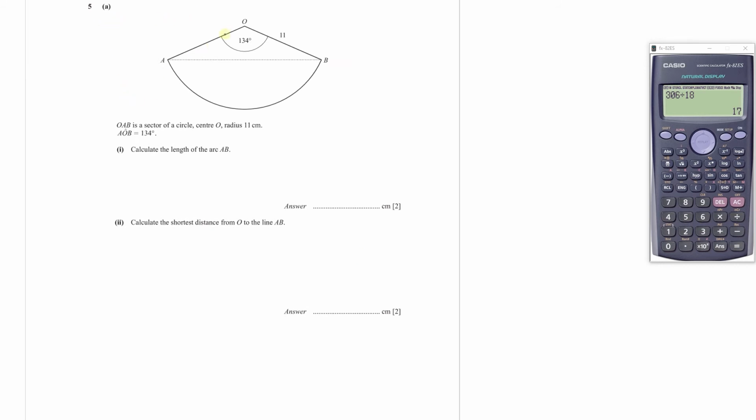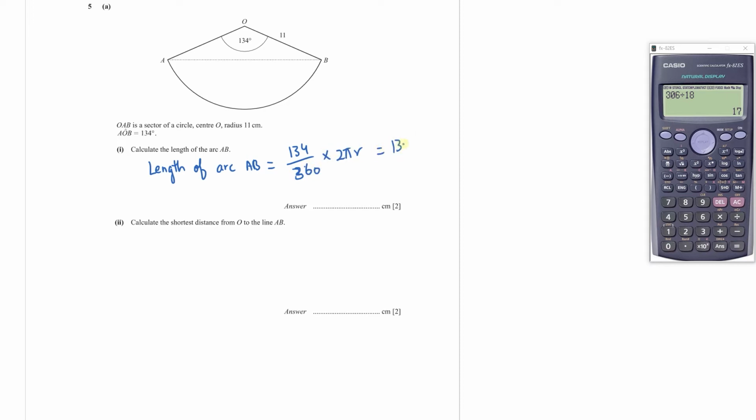Question number 5 is OAB is a sector of a circle. Center is O, radius is 11 centimeters. This angle is 134. Calculate the length of the arc AB. So length of arc AB will be simply 134 over 360 into 2 pi r.